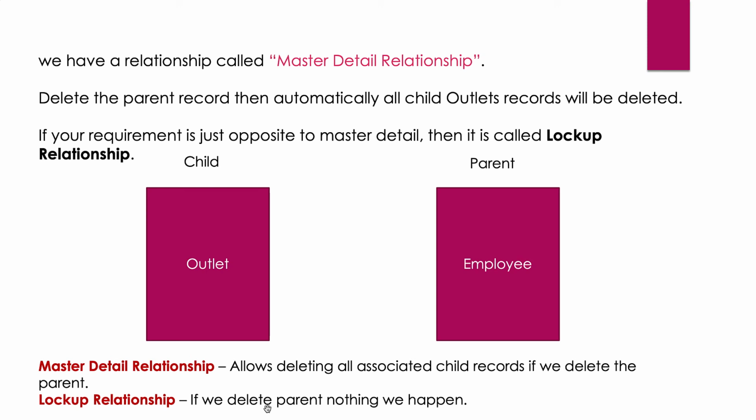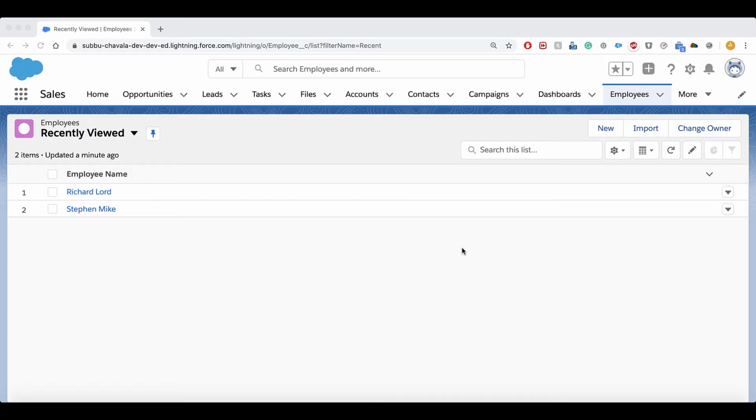So employee to outlet is lookup, head office to outlet is master detail. That's it. So far in this data model we have gone through how to use objects and create custom objects, depending on the business requirement. In this video we focused on the creation of custom objects, fields and relationships between objects.